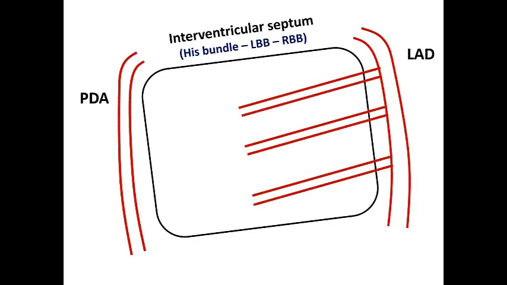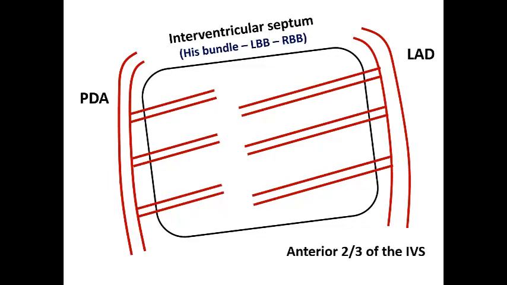Septal perforators of the LAD supply the anterior 2/3, and the PDA gives also a septal branch to supply the posterior 1/3. So in some cases, when the blood supply from the PDA is rudimentary, the patient can have right bundle or left bundle branch block, as we call it acute bundle branch block.